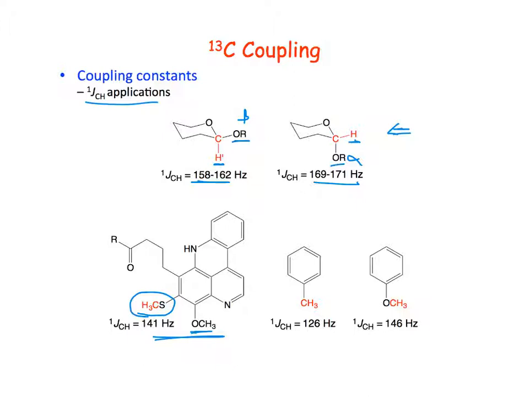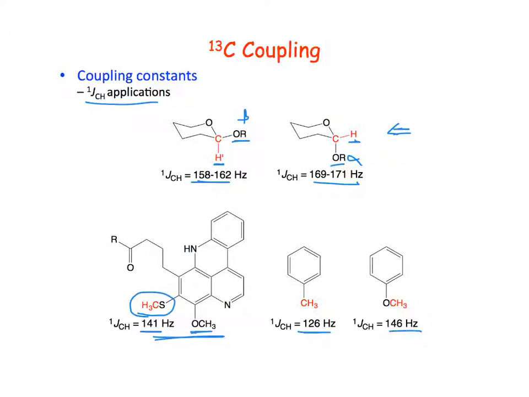It turns out that the one bond coupling in that methyl group is different depending on if it's a thiomethyl or a methyl directly attached to a benzene ring. In these two cases, the chemical shift would be pretty similar, but the coupling constant is quite different. And the methoxy group was even different again. So it gives you more structural information to know that that value can change.